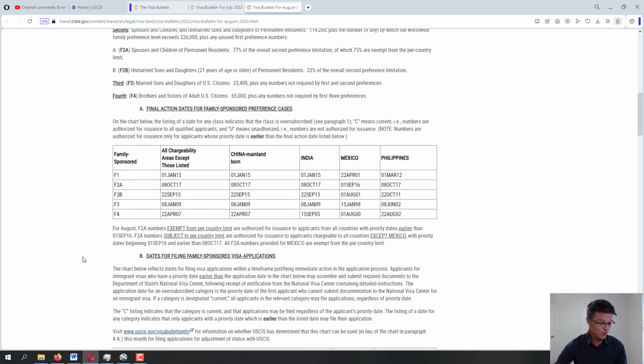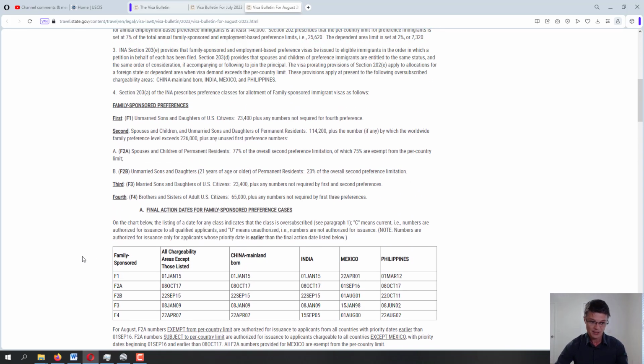So there are four family preference categories in general, and there are obviously subcategories. We're not going to talk about the subcategories in this video, but the four main family preference categories. There's first preference, which is unmarried sons and daughters of US citizens who are over 21. The second family preference category is divided between two, F2A and F2B, and this pertains to permanent residents.